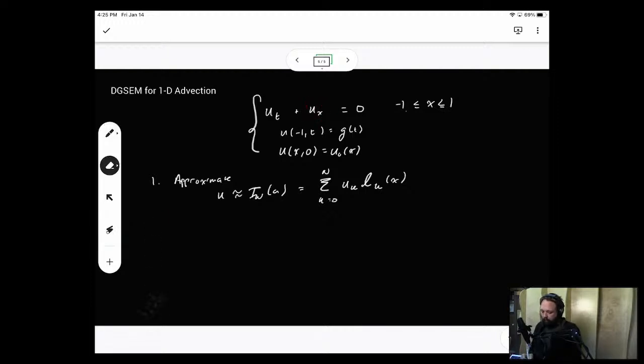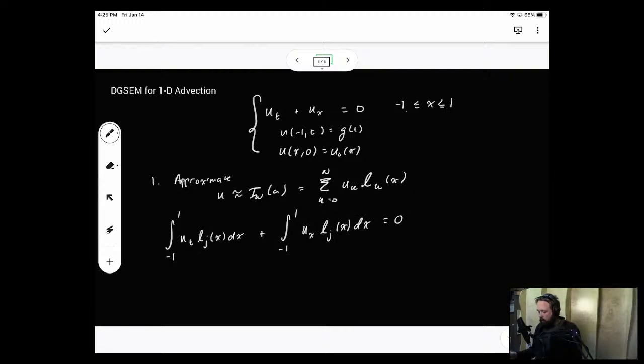So instead of writing all that out, I'll show you what that looks like. We do du dt times L_j of x dx. We integrate from -1 to 1, and we're going to add to it the integral from -1 to 1 of du dx times L_j of x dx.